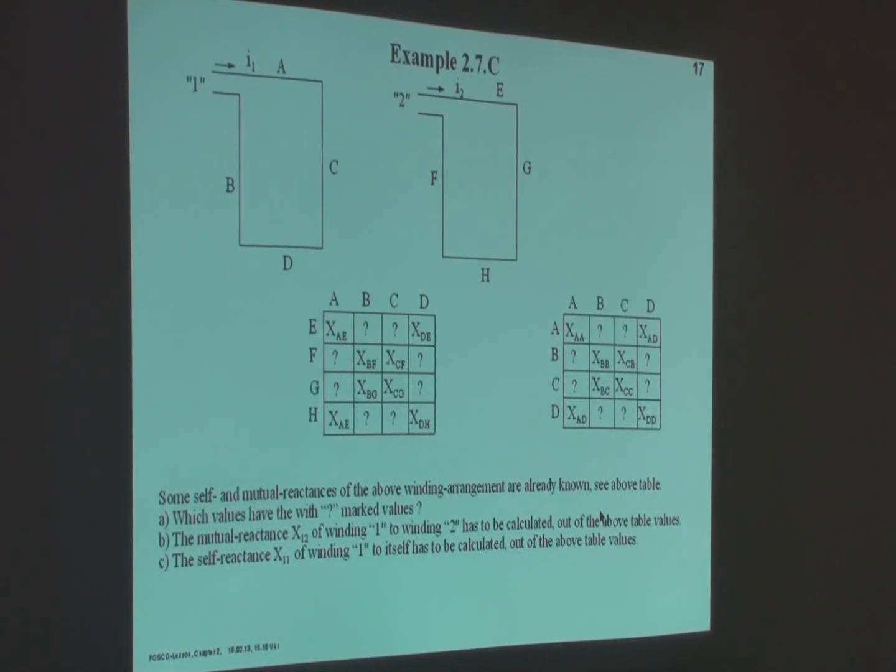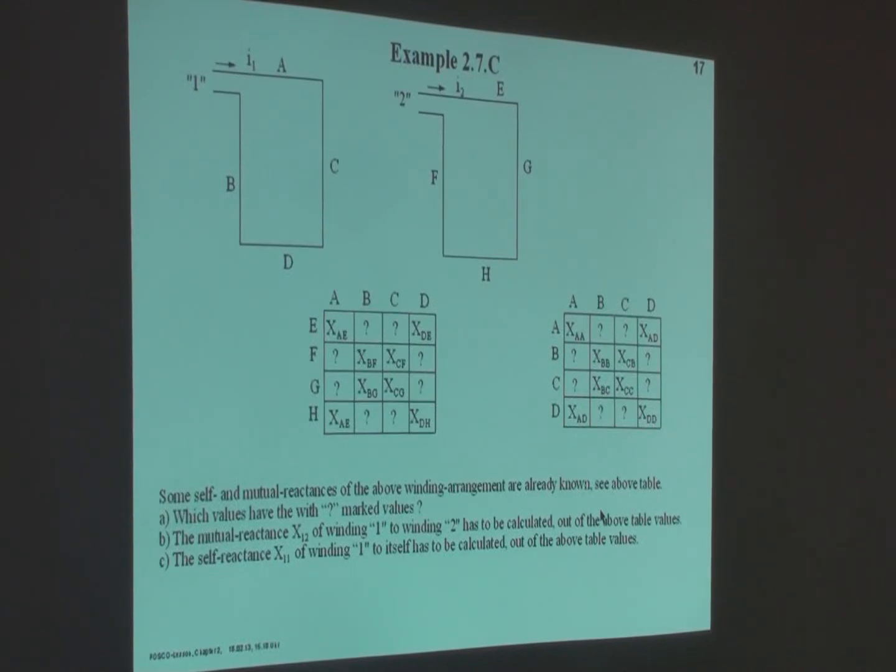So now what have we to do? We have to calculate x11 and x12. x11 is the self-inductance of a loop, and x12 is the mutual.